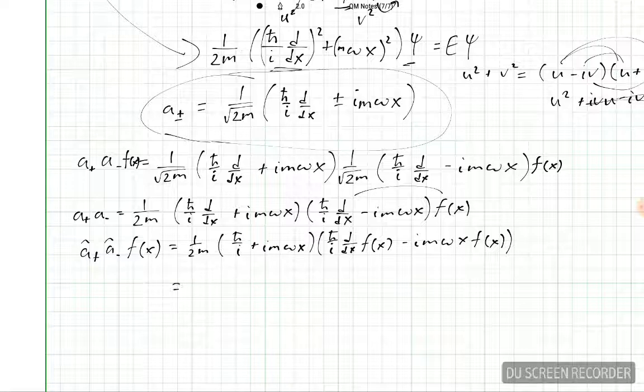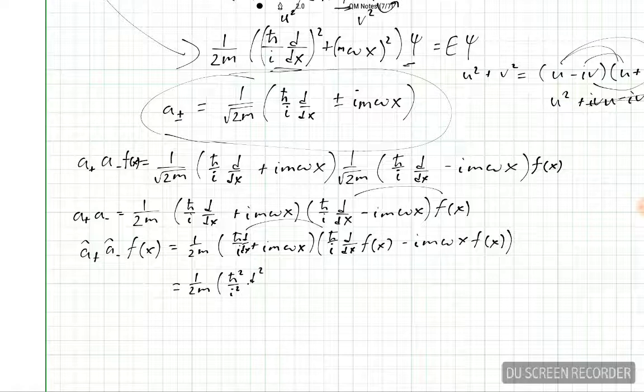Now we can go ahead and do our good old FOIL. Oh, totally forgot to write that part in there. So I have h bar squared over, I'll just write it as i squared, but that's going to be -1, d/dx squared acting on f of x. So I act this operator on the left onto this one from the right, and I get the second derivative acting on my function.